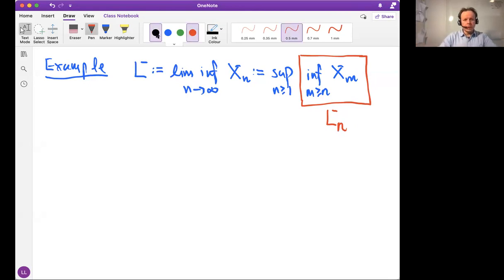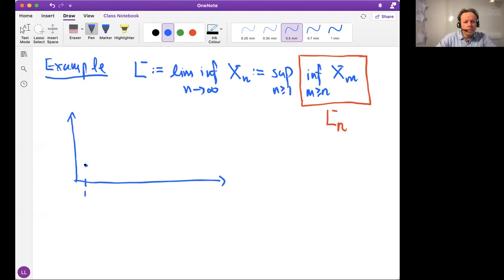Okay, let's make a picture so that we maybe have a feeling about this. So we look at the sequence. Here, if this is index 1, we put something there. For index 2, we have something, and maybe 3 there.